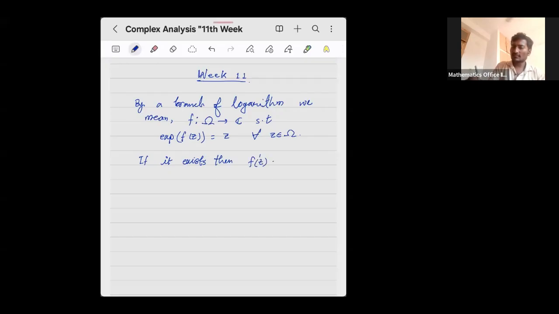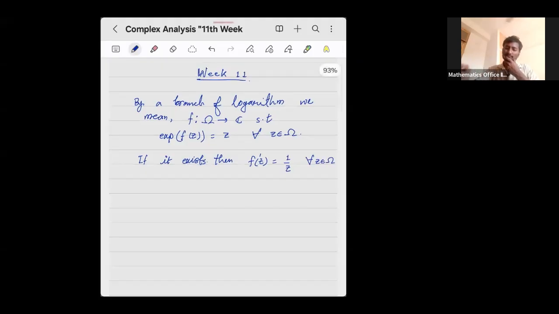We check this using the chain rule of derivatives: 1 by z, right? For every z inside omega. If the branch of logarithm, which I'm taking now as holomorphic, so if f is holomorphic, then in that given domain, its derivative will be 1 by z.